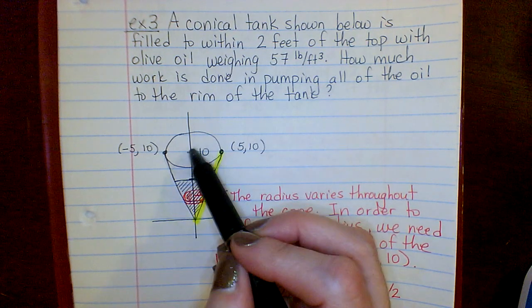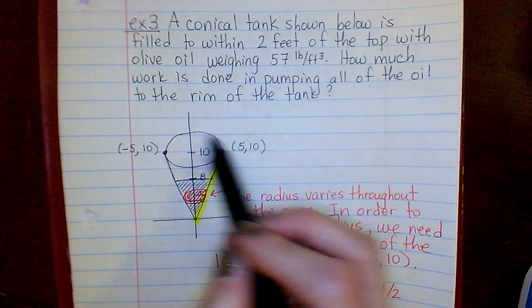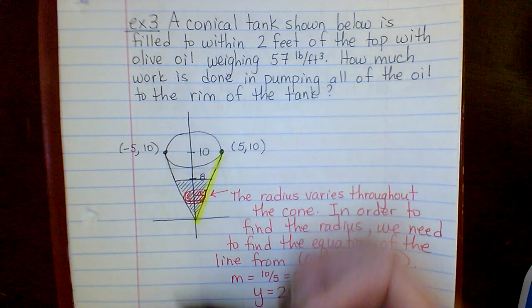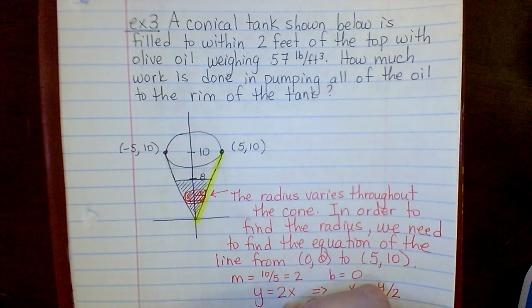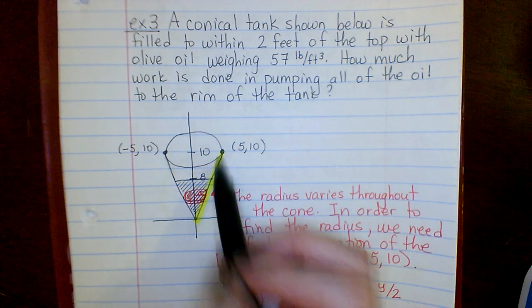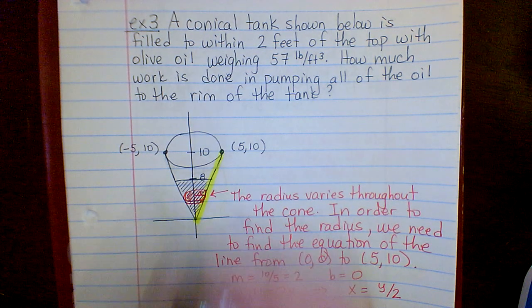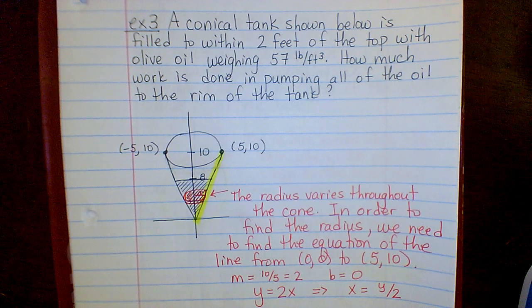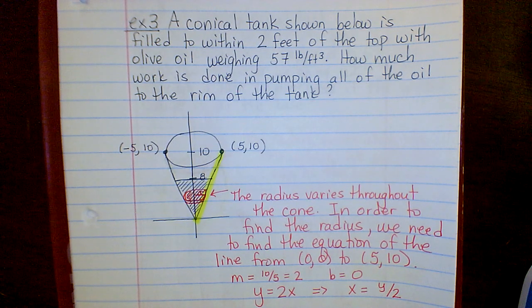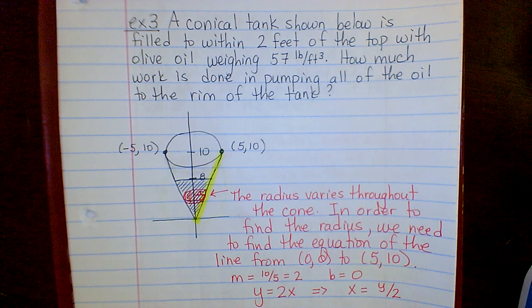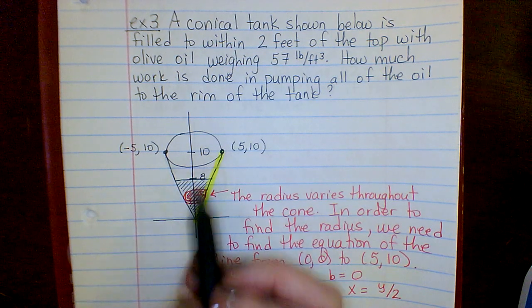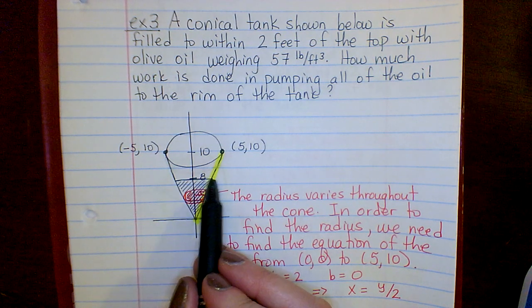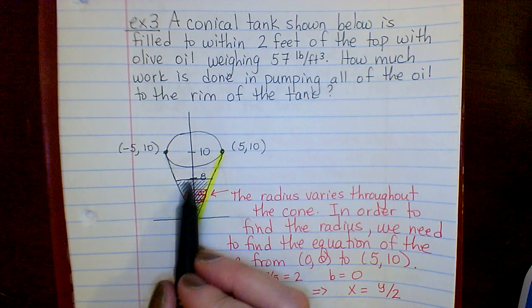So again, I'm putting that 10 in the middle, trying to give that illusion that you're kind of looking down on the tank, and this is that circular base. I know it's weird to call that a base when it's not sitting on it, because we think of base as being the bottom, but it is technically the circular base of the cone. This cone is just oriented to where the base is up. Okay, so it's got that height of 10. It's filled to within 2 feet of the top. So that's where this 8 comes in. So there's where it's filled.